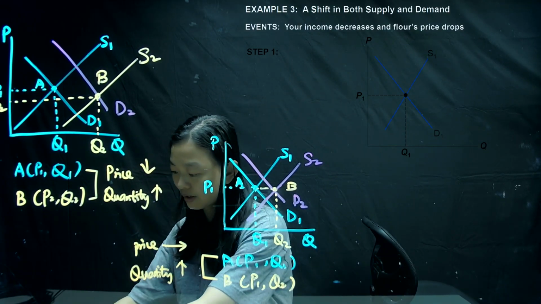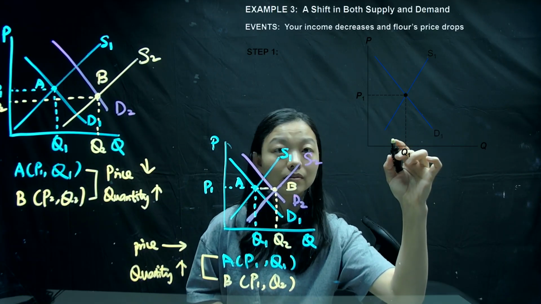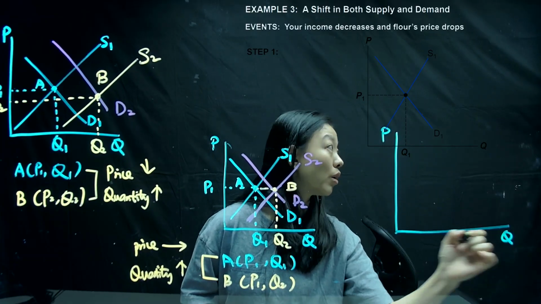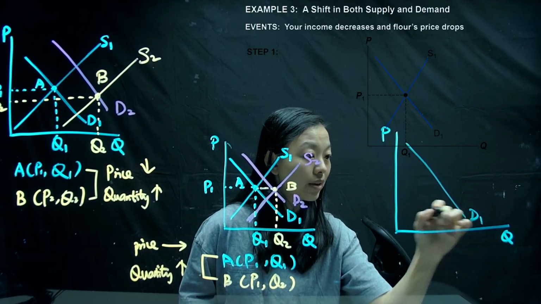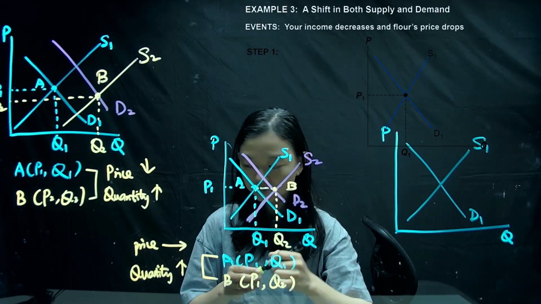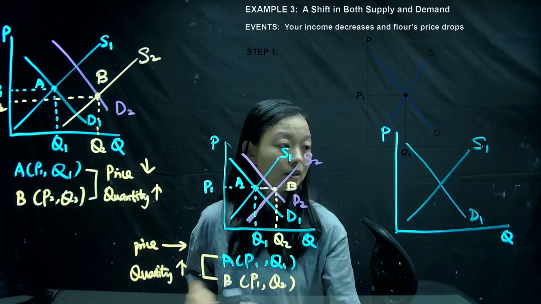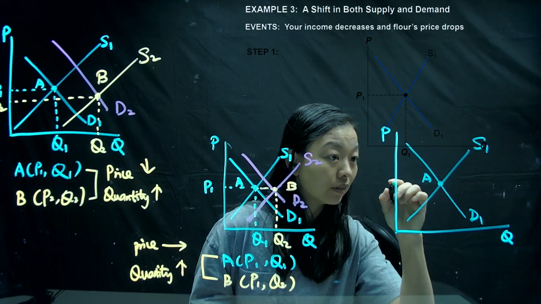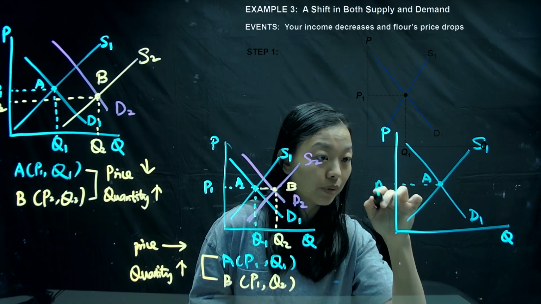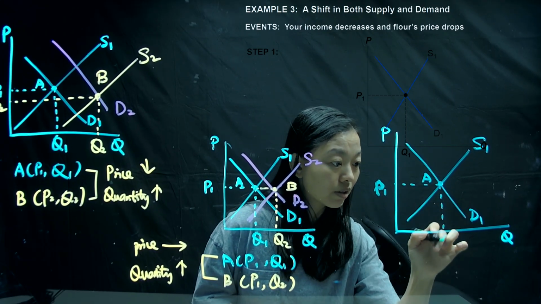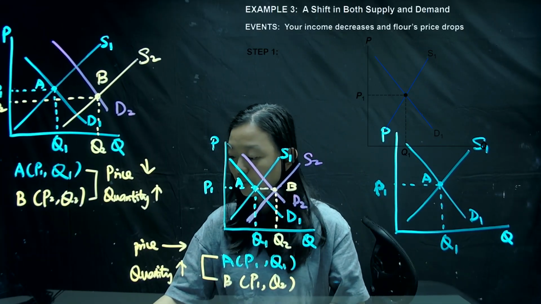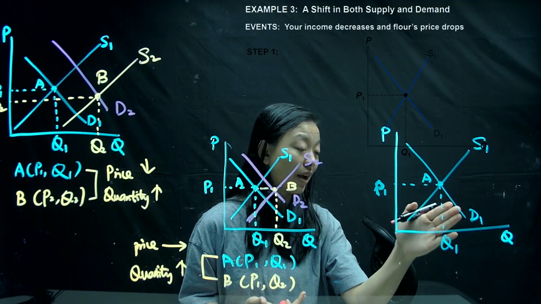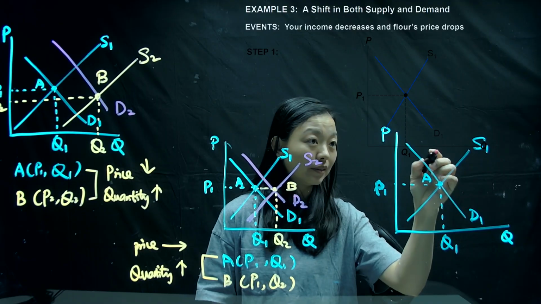And then I can draw another graph. Price, quantity, okay? Demand side, supply side. Similar, okay? We notice that this is the original equilibrium point. Mark it as point A, P1, sorry, and Q1. Now for the new equilibrium point, we notice that the demand side will definitely shift the demand curve to the right-hand side, okay?